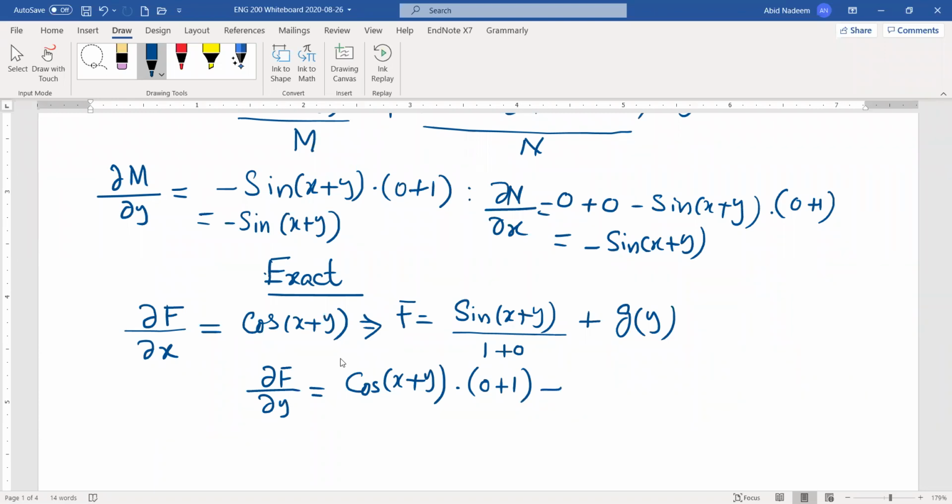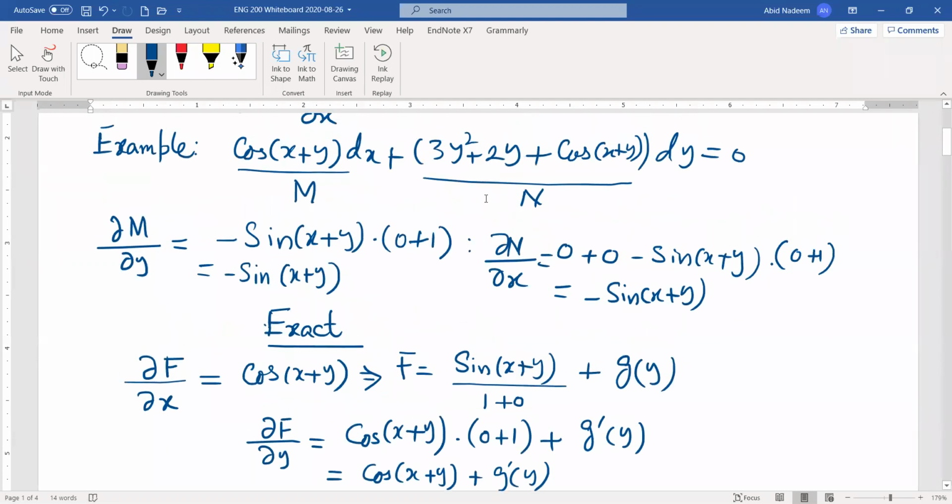For the chain rule. And then the derivative of g of y will be represented by g prime of y. So when we represent it like this, by simplification, it will be cosine of x plus y plus g prime of y. By definition, this partial derivative of f with respect to y should be equal to this N function.